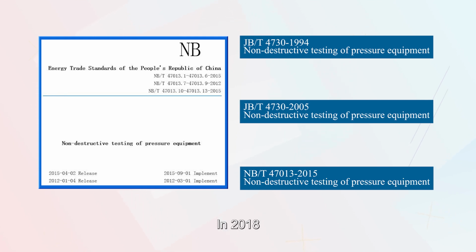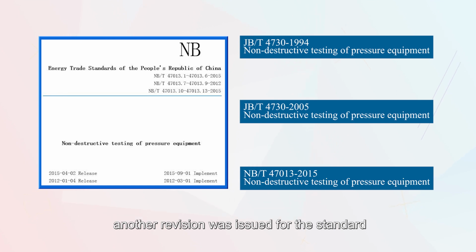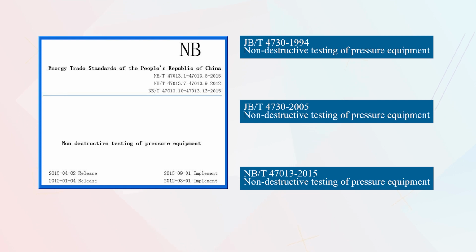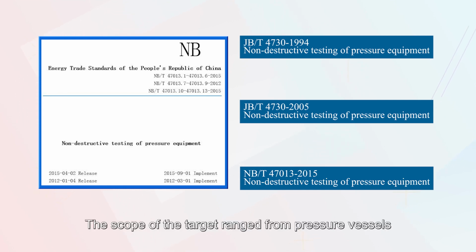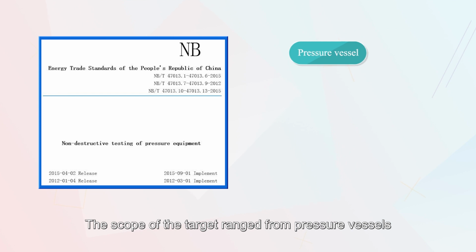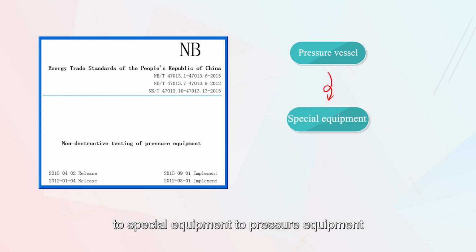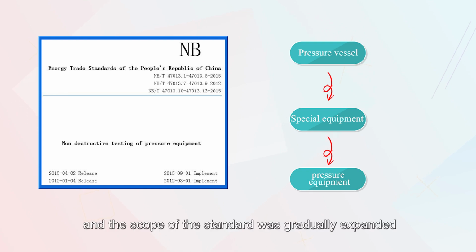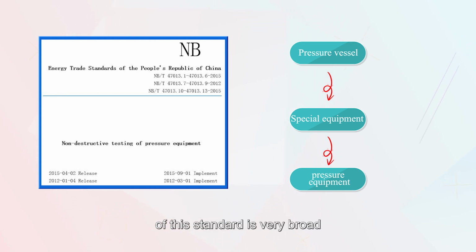In 2018, another revision was issued for the standard, and some of the contents were revised. The scope of the target ranged from pressure vessels to special equipment to pressure equipment, and the scope of the standard was gradually expanded. It can be seen that the market application scope of this standard is very broad.